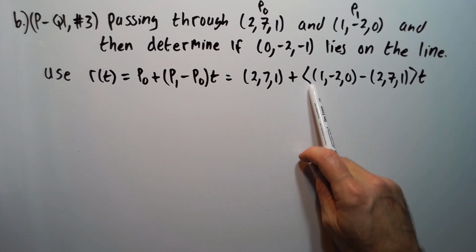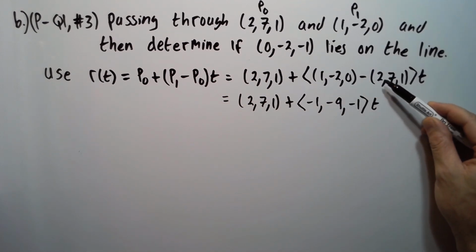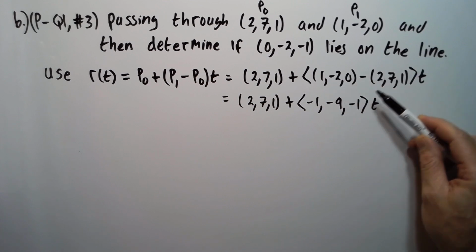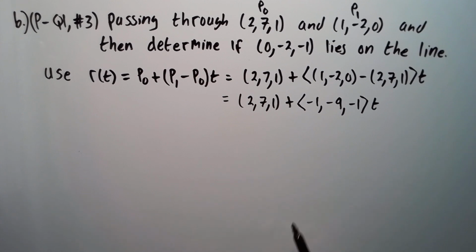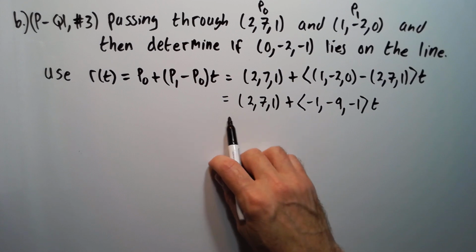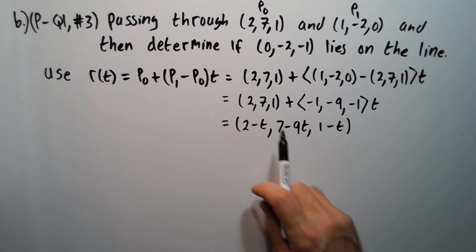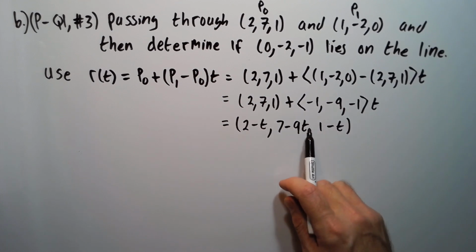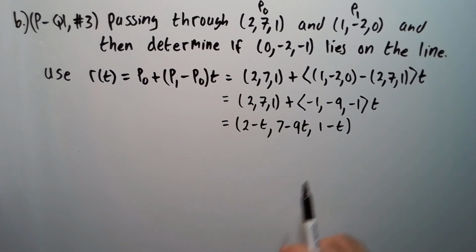Simplifying this, we get 1 minus 2, so minus 1, then minus 2 minus 7, so minus 9, and 0 minus 1 here. And then it's going to be 2 minus t, 7 minus 9t, 1 minus t. I'm not going to use the ijk notation here, I'm just going to leave it like this.